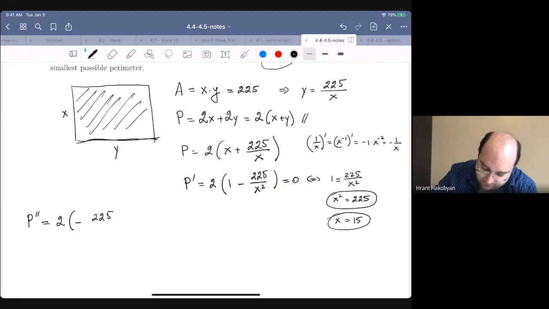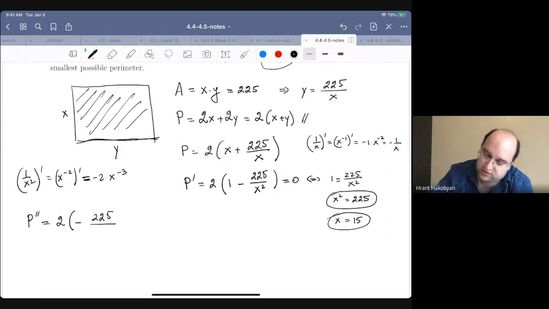225 divided by, okay, so the derivative of 1 over x squared is, well, that's x to the power negative 2, right? So that's just negative 2 times x to the negative 3.